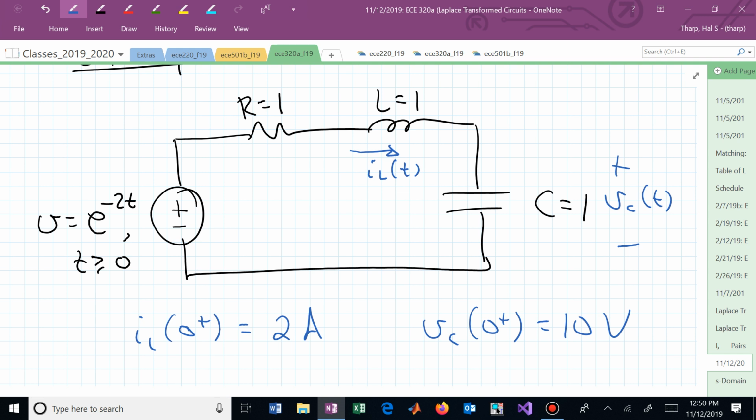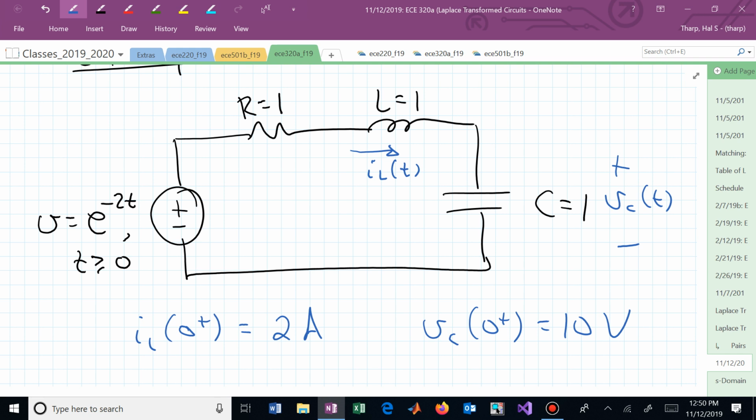I'm not showing you all the different external circuitry that would have to be involved in order to create those initial conditions. I'm just saying when you snap your finger at 0, you now have these two initial conditions on those energy storage devices, and you excite the circuit now with e to the minus 2t.